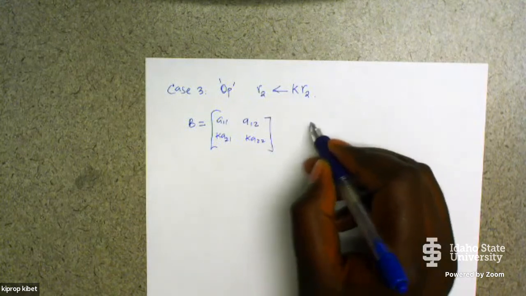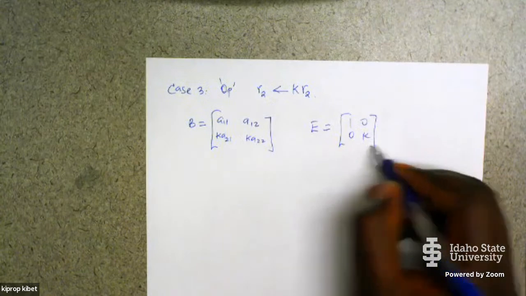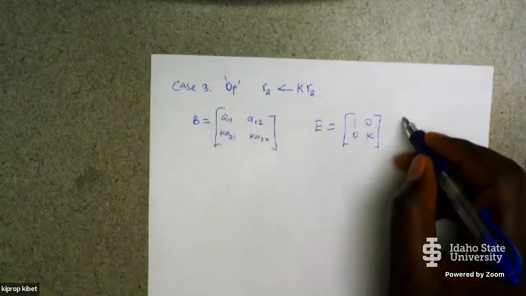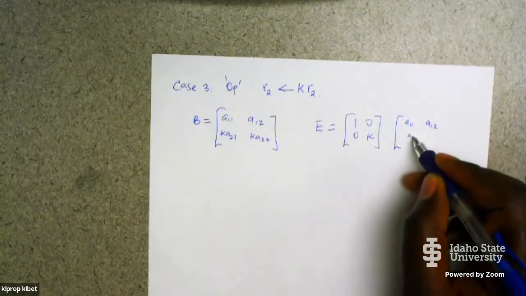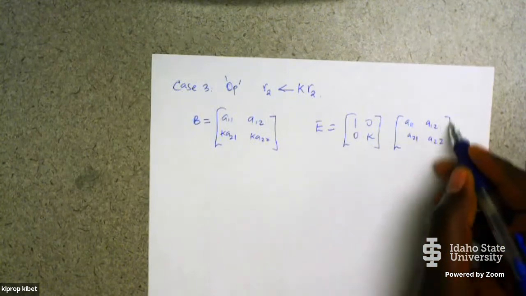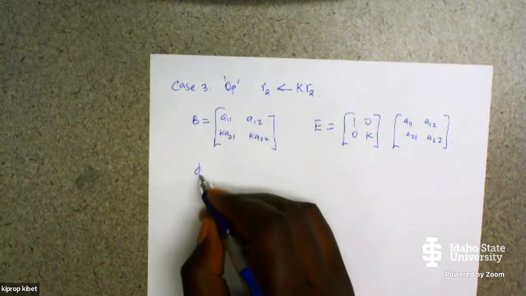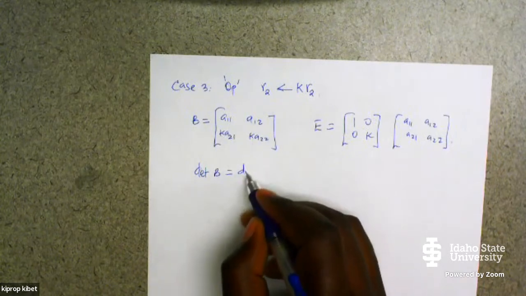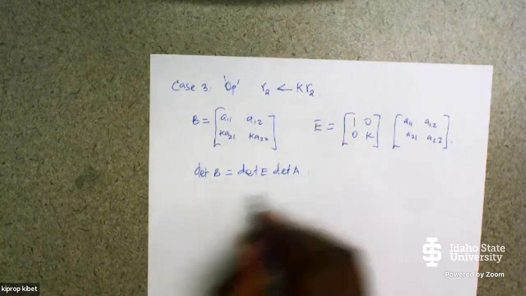And then our E will definitely be 1, 0, 0, and K. This is equal to multiplying by A, which is A11, A12, A21, A22. The determinant of B is equal to the determinant of E times the determinant of A. They will be the same.